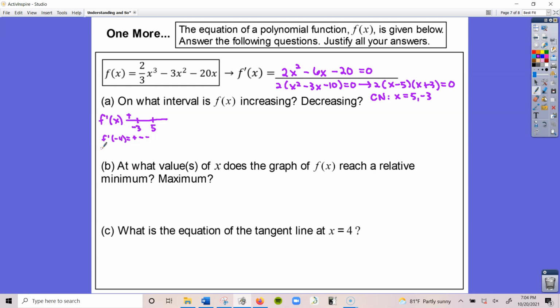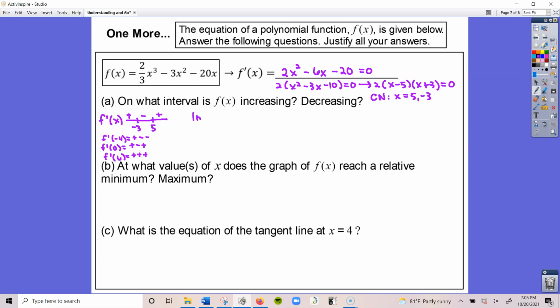Between negative 3 and 5, I'm going to plug in 0. If I plug in 0, we get this 2 here, which is positive. 0 minus 5 is negative, and 0 plus 3 is positive. So a positive, negative, positive gives me negative. And finally, now I'm going to plug in 6. So again, that 2 is positive, 6 minus 5 is positive, and 6 plus 3 is positive, giving me all positive.